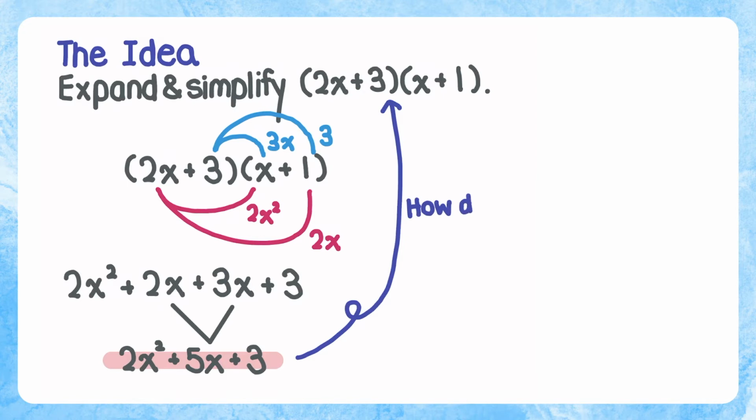So today our idea, or like our goal, is how do we go back? So right here, let me write out what we just had. So we got 2x squared plus 5x plus 3.